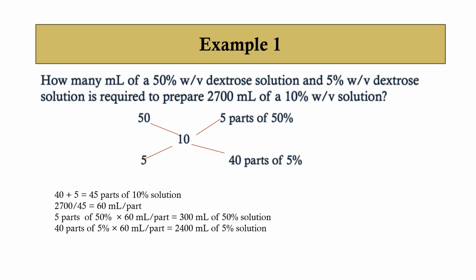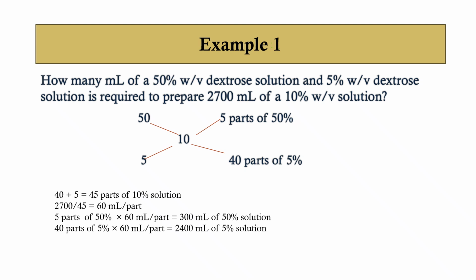Now, what we're being asked is to calculate how many ml of each solution we're going to need. And when you add the two, they should equal 2,700 ml. So if we have 5 parts of the 50% and 40 parts of the 5%, if you add them, that's 45 parts of the 10% solution that we're trying to make.